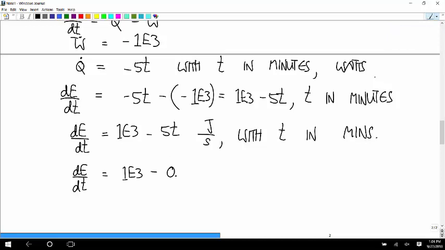That's something like 0.083 repeating. Is that right? 1/12 t. And this is in joules per second, time in seconds.